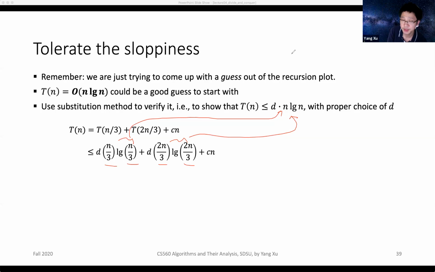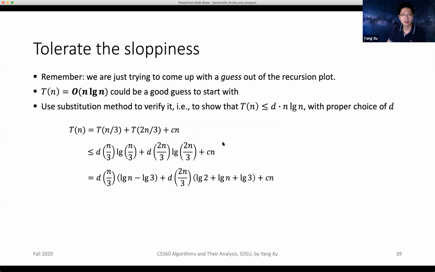Yes, that is basically true. We use the recursion tree to obtain a guess, and then we simplify the terms over here. We will get something like this. So all the coefficients here are constants. Okay.